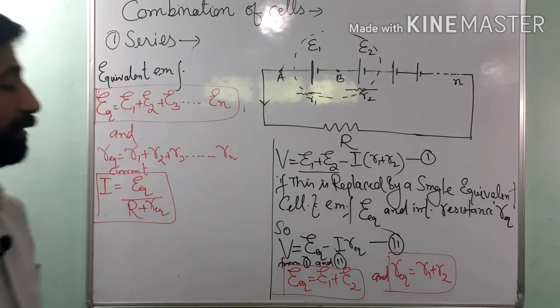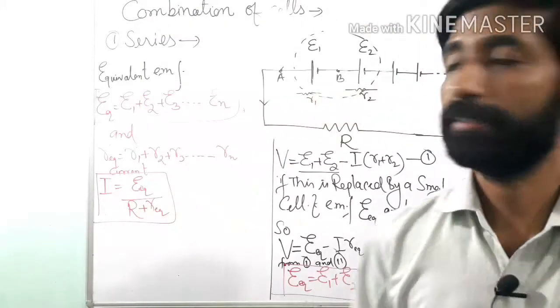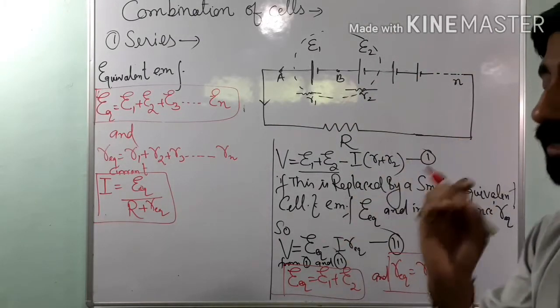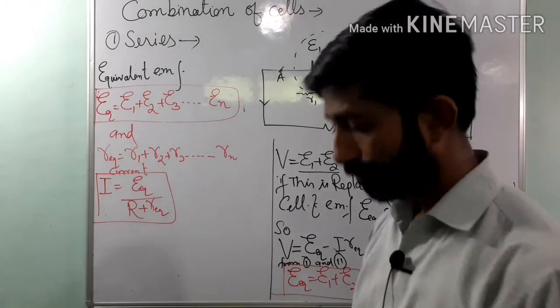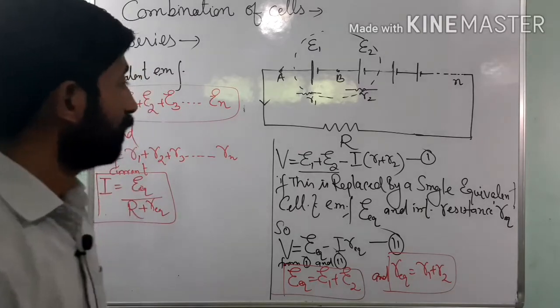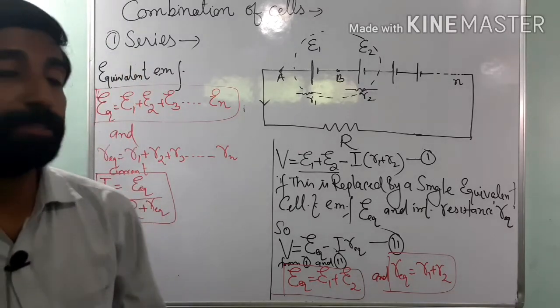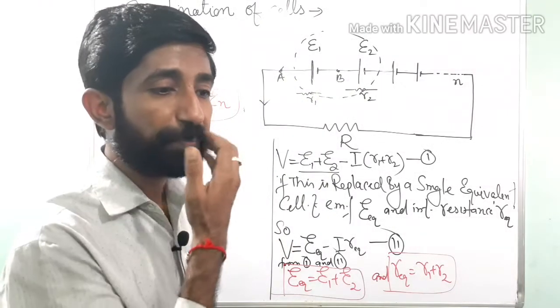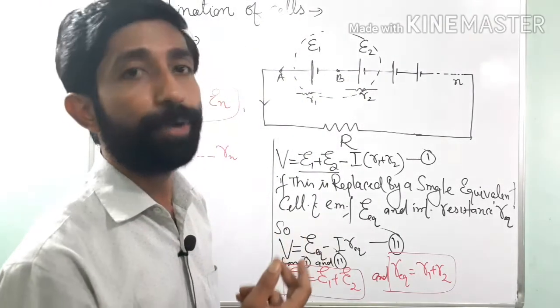So this is the cell combination of different EMFs added in series. Now we are raising a simple question. What happens if one cell is added by mistake in a wrong way?